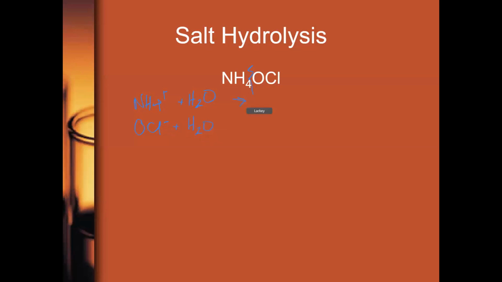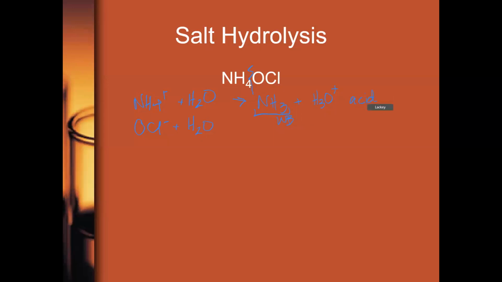And same thing, ammonium actually has a hydrogen to give up. So when it gives up a hydrogen, it leaves behind ammonia and produces the hydronium ion. Ammonia is a weak base. So this cation can act as acidic.